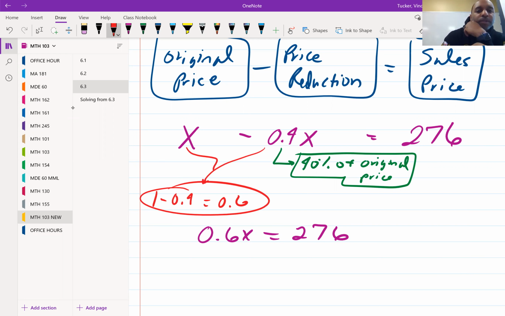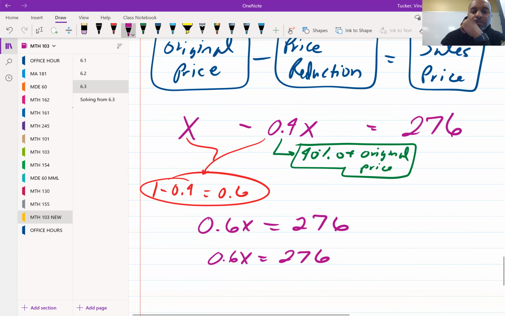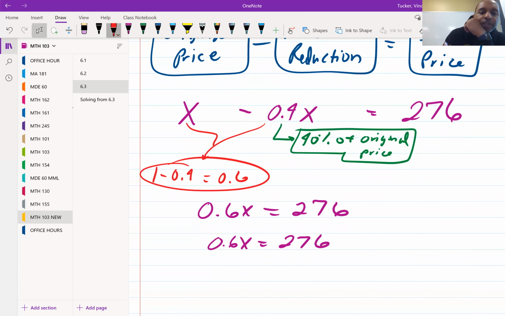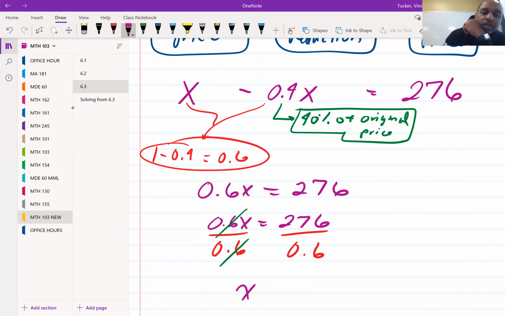Any problems before we finish off what we have here? All right, to finish it off, divide both sides by 0.6. The 0.6 cancels. X is equal to 4... That was all wrong, I was thinking wrong.